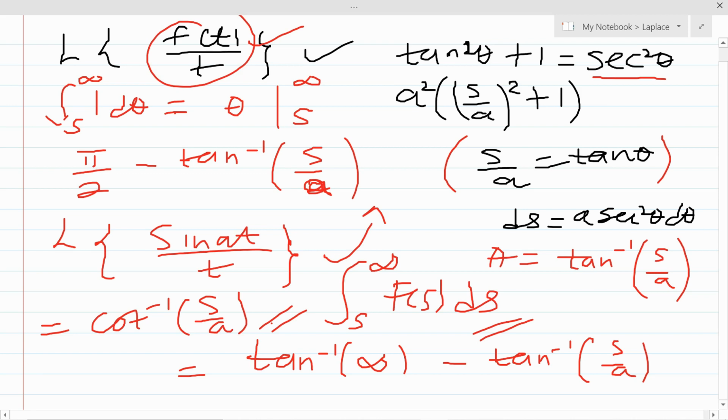If it exists, then you go ahead and find the Laplace of f of t. After finding the Laplace of f of t, you find the integral as s moves from s to infinity of F of s ds.